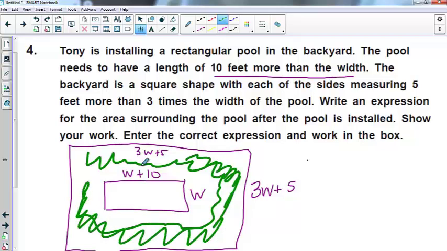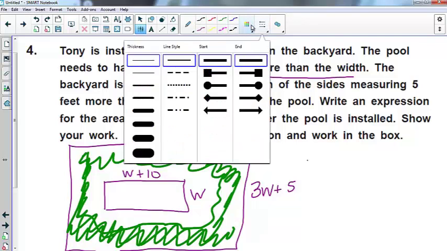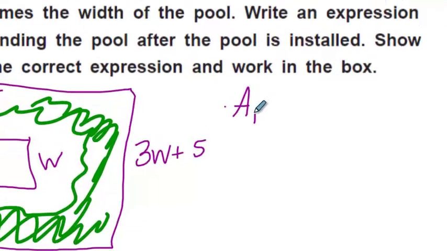So the first thing I have to do is find the area of the pool. Okay, so let's do that first. How would I find the area of this pool? Length times width, that's right. So the length is W plus 10.